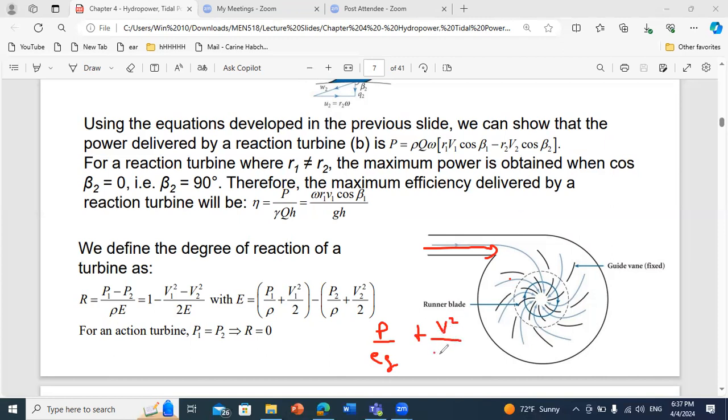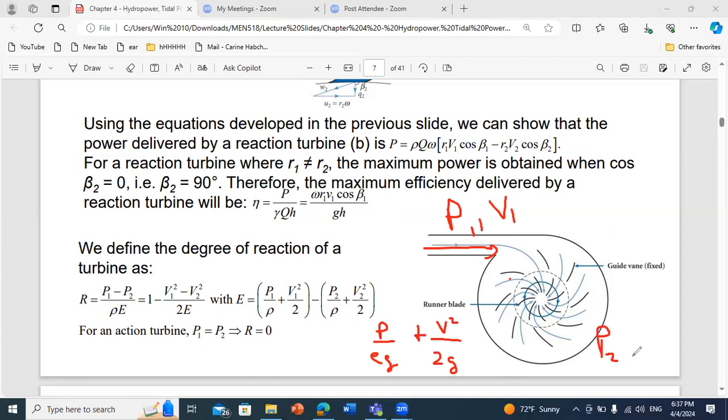So you want to know what is the fraction of energy due to pressure, and what is the fraction of energy due to kinetic energy. What do we mean by this? At the inlet of the turbine, let's say you know the pressure and you know the velocity. And at the exit, you can also measure P2 and V2.